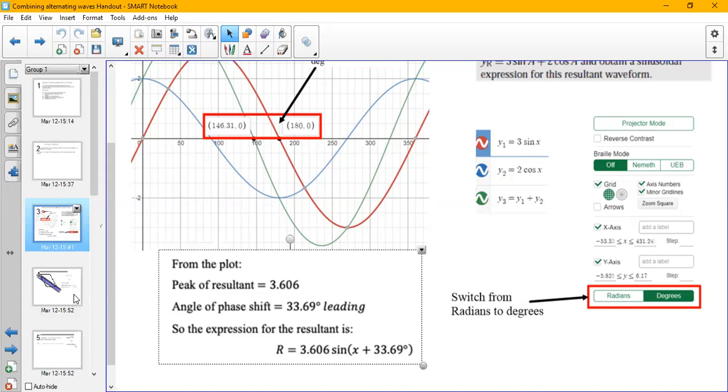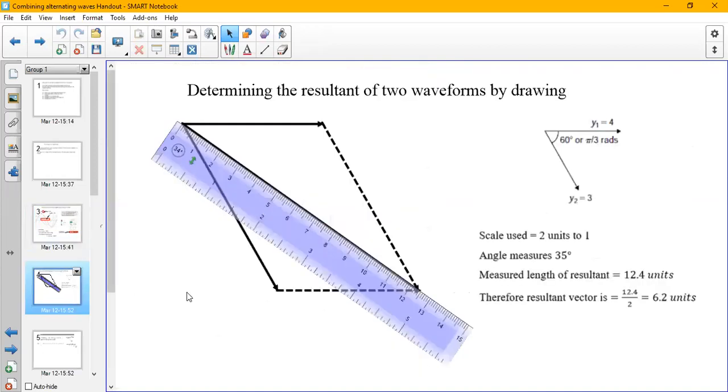Again, I'm going to talk through one thing I noticed when I was checking through all this yesterday. I had y1 down as 3 and y2 down as 4. I've switched them over because the drawing I'd done was the opposite way round.